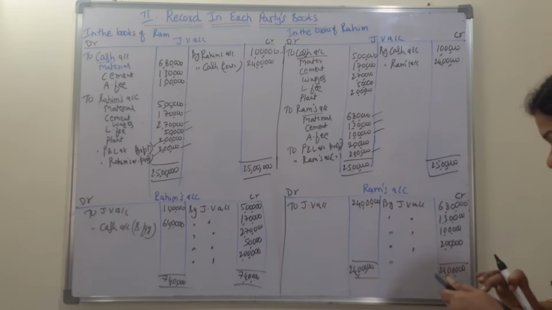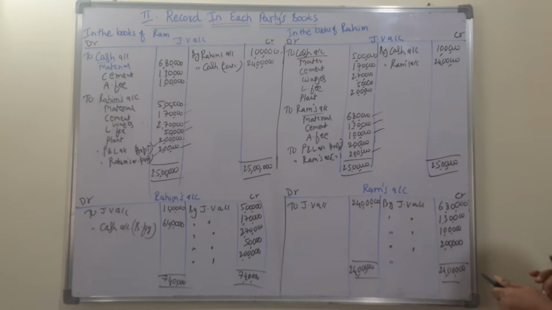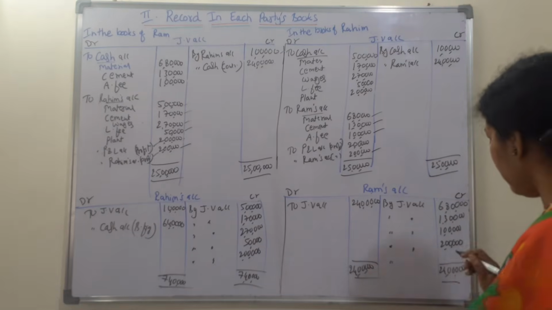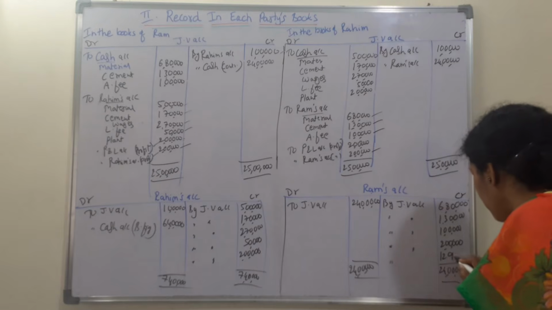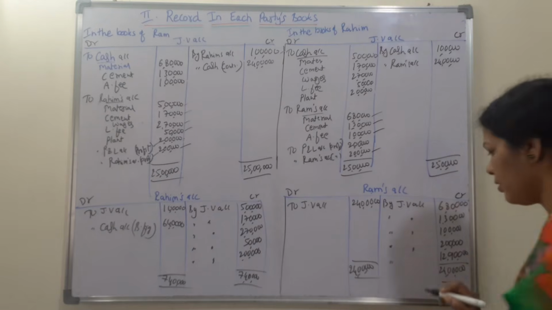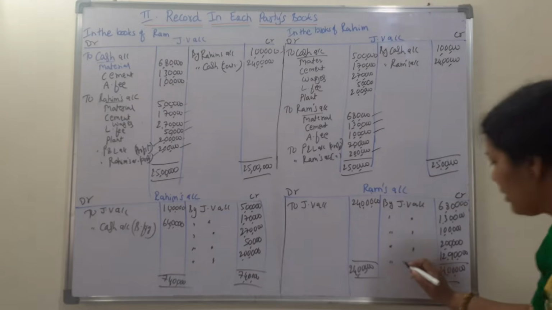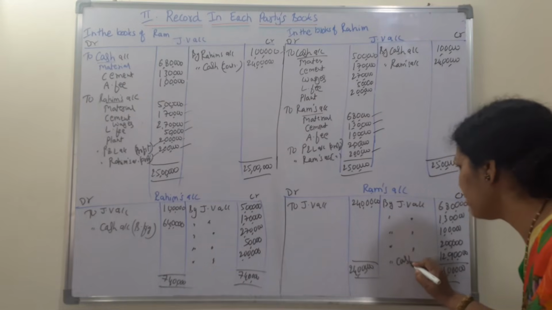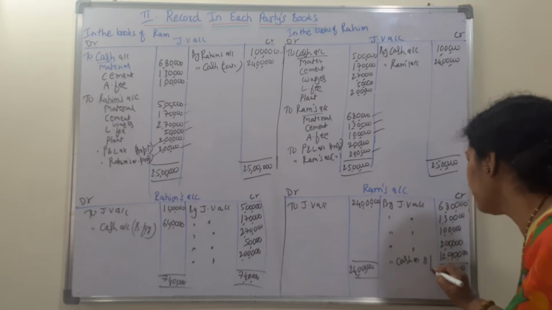Oh no, 24 lakh minus 6 lakh 80,000 minus 4,30,000. 12,90,000. So this, what do you say? Cash account. Balancing figure.